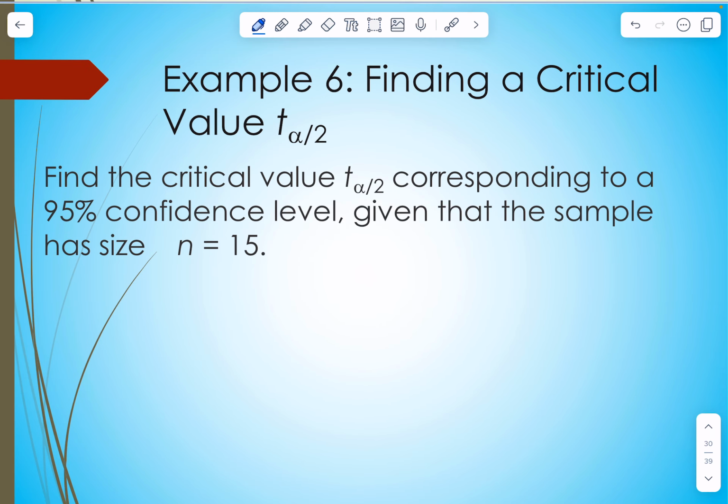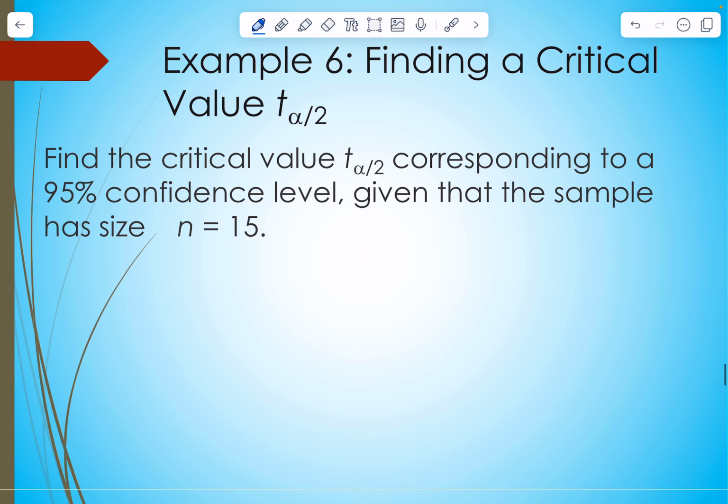All right, let's take an example. Finding the critical value of t alpha over 2. Find the critical value of t alpha over 2 corresponding to the 95% confidence interval. So, again, we have alpha equals 0.05.